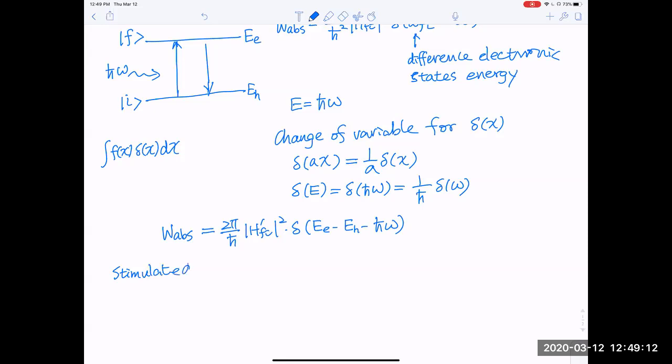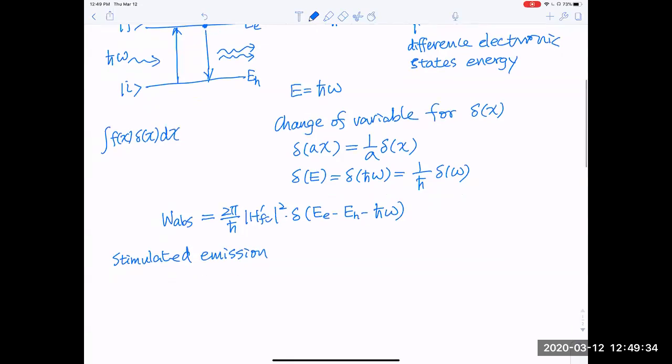In this case, the electron will transition from the upper level to the bottom level, and in the process emit a photon that's coherent with the incoming photon. For stimulated emission, in our last lecture, it's the same Fermi golden rule. The only difference is just in the delta function.